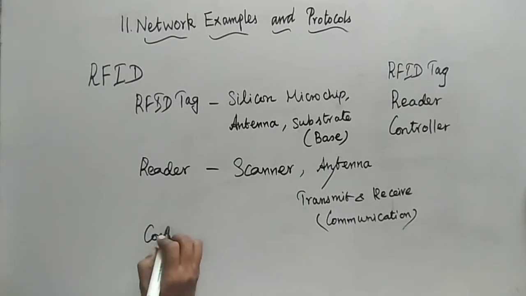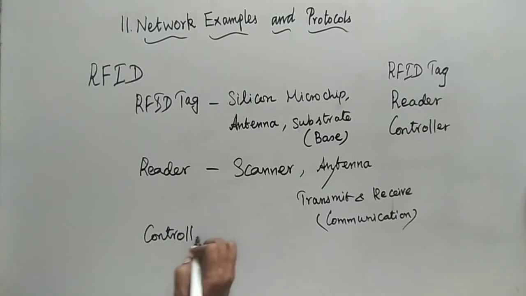And the next one is your controller. By the name itself, you can have an idea what a controller is. It is a host computer with a microprocessor. By using this microprocessor, you can receive the input and process the data.